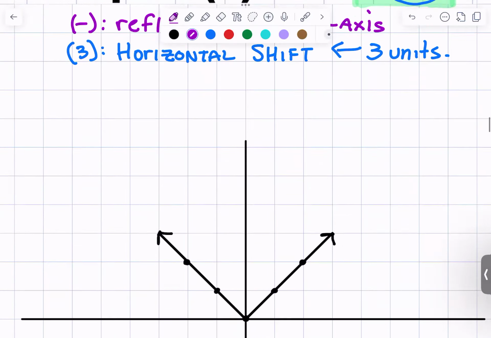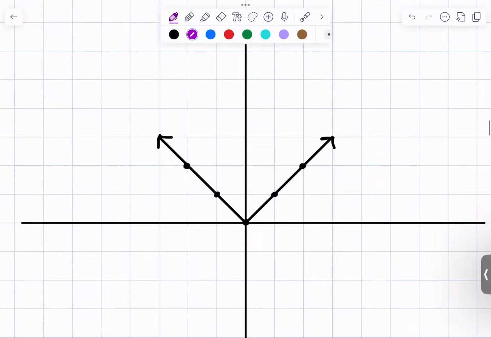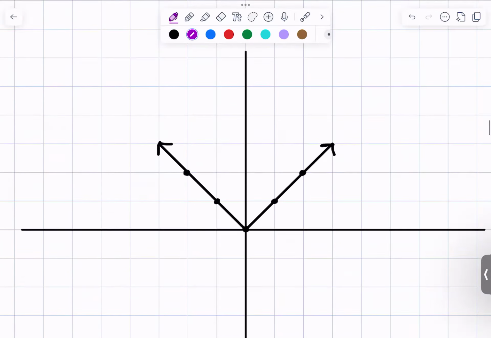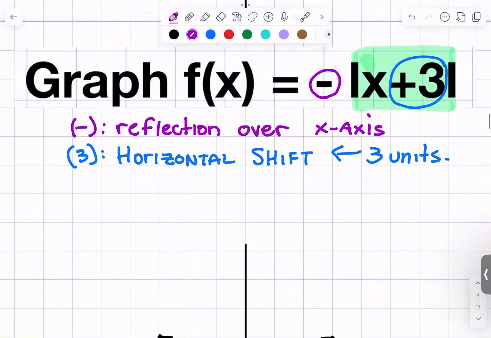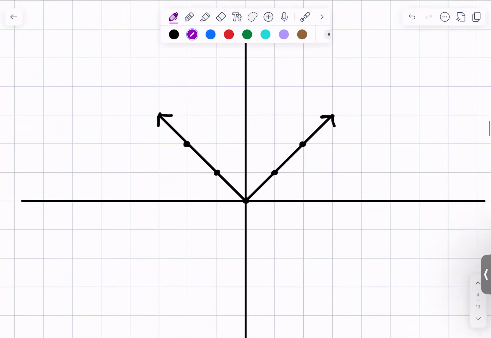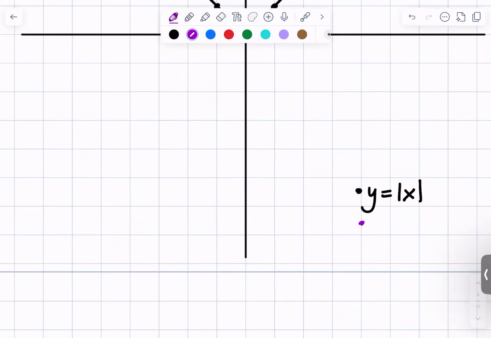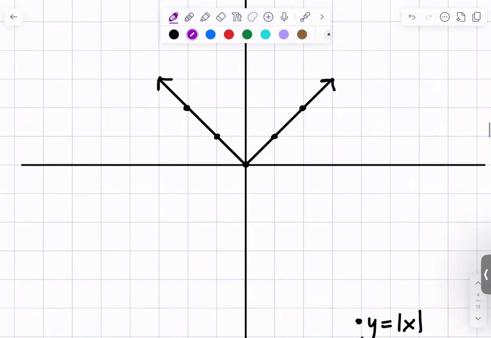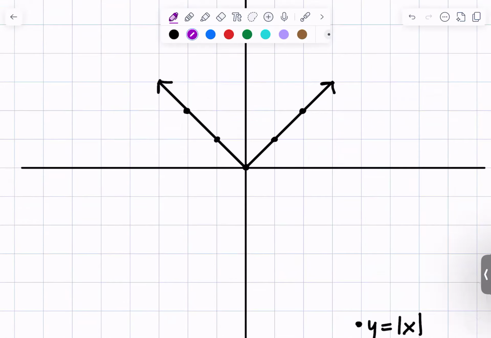Okay, and this parent function of y equals absolute value of x is being transformed by a reflection, right? So if we're just representing my reflection, it's going to be y equals negative absolute value of x. Okay? And this reflection is a reflection over my x-axis. So this point stays at this point.